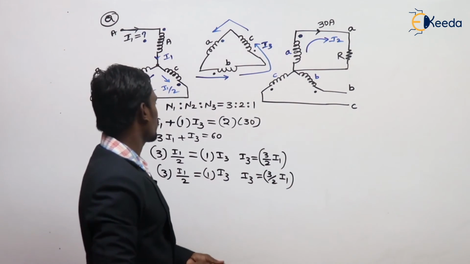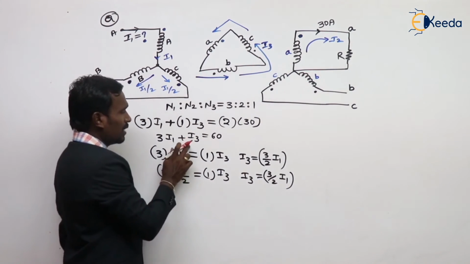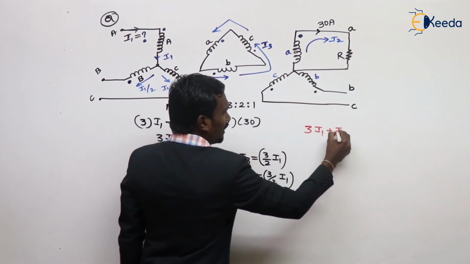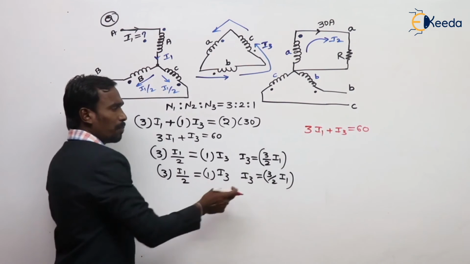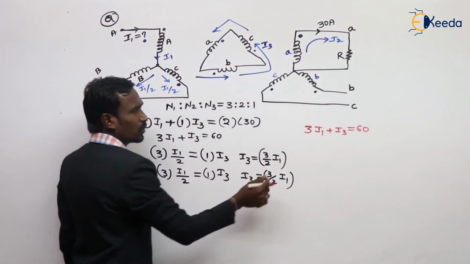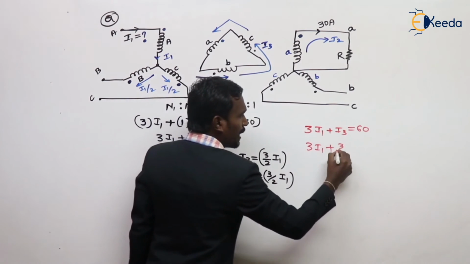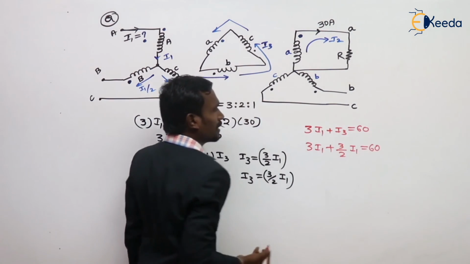Let's take the first: 3 I1 plus I3 is equal to 60 amperes. But I3 is equal to 3 by 2 times I1, so 3 I1 plus 3 I1 by 2 is equal to 60 amperes.